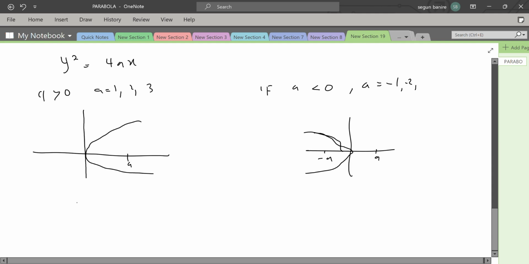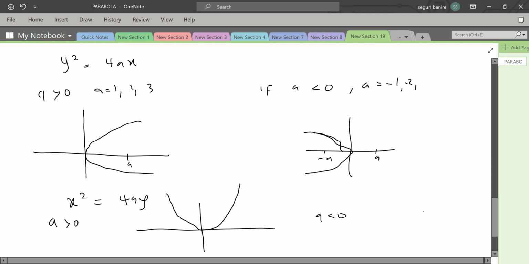So that is it. And also, in addition, if I have x squared equals 4ay, the equation of a parabola can also be written as this, but in this case it's the same thing. So now we have the x squared, so the y is not squared again, the y is on the other side. So how will your graph look like? The vertex is going to sit, and the diagram will look like this. But this one is when a is greater than 0.